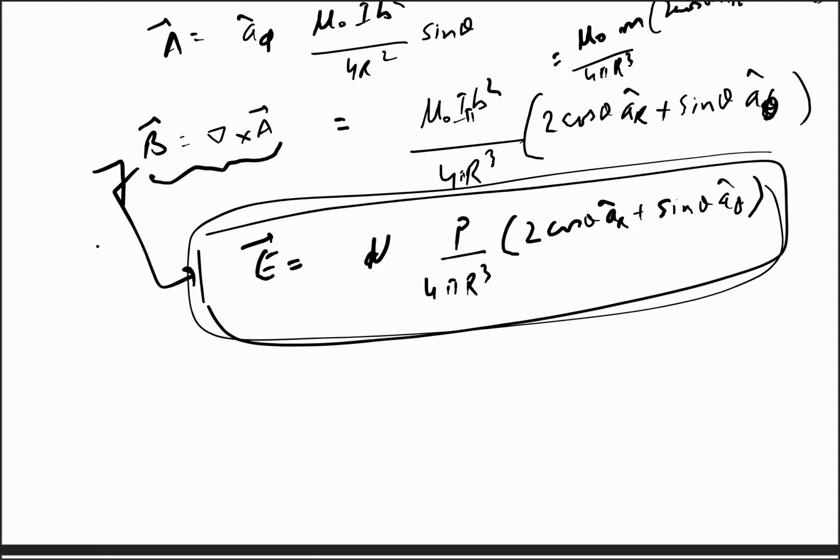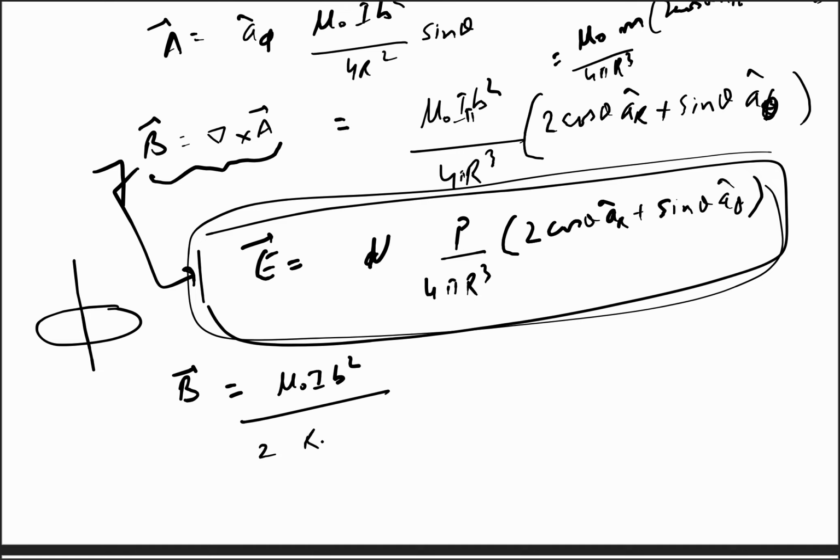Now furthermore, I need to verify one more thing: this B, when we calculated it on the axis of this circular loop, came out to be, if I remember correctly, B equal to mu naught I b square over 2 R cube.